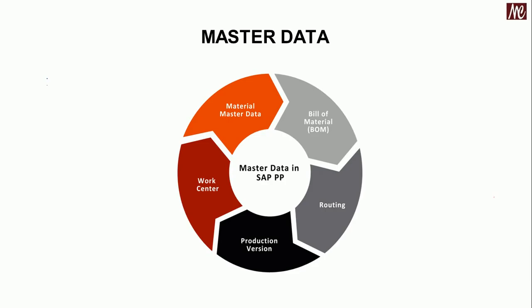So the first segment we are discussing is master data. What are the master data available in the production planning module? Right now it is visible on our presented screen. But what are the transaction codes behind them to execute in SAP? That we can show you, and they are precisely used at the time of implementation.